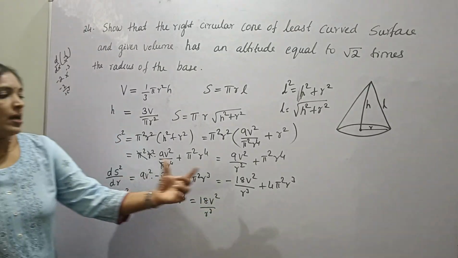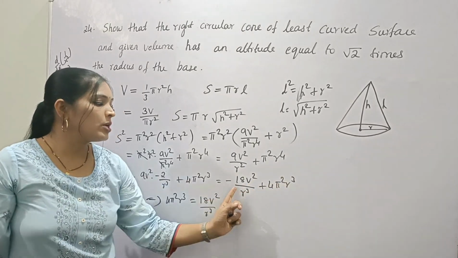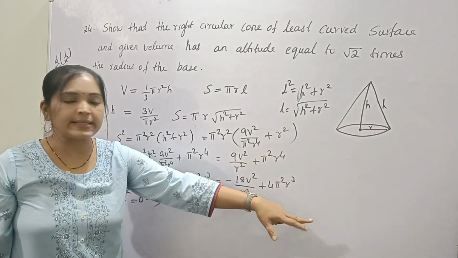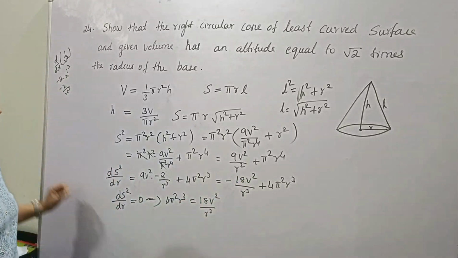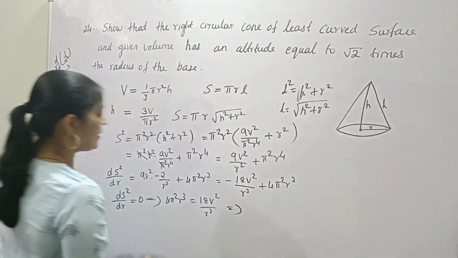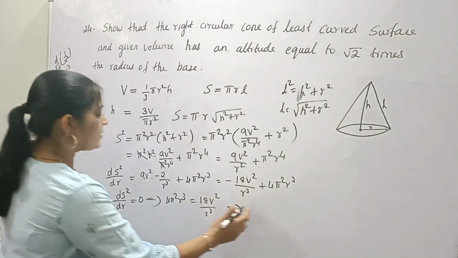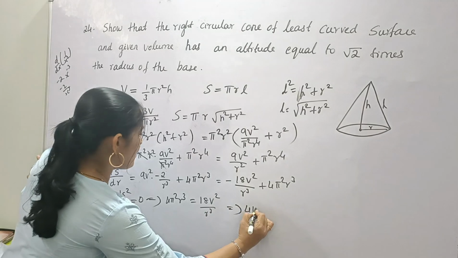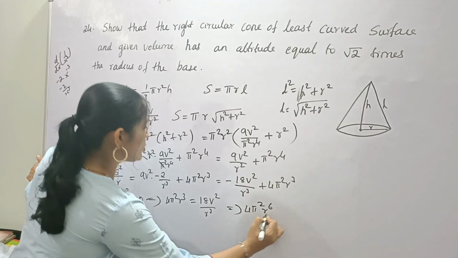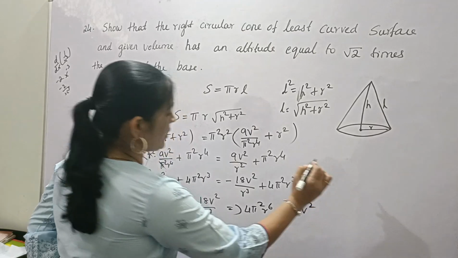This term is equal to 0, so 4 pi square r cube goes to the right side, that is equal to 18v square by r cube. That implies taking this r cube to the left side, 4 pi square r raised to 6 is equal to 18v square.